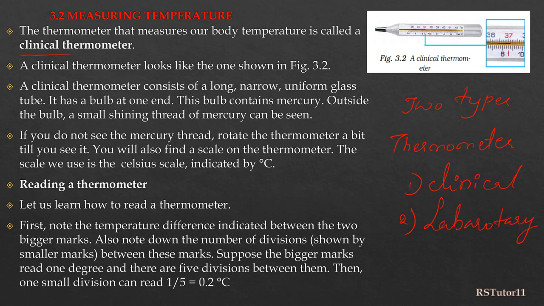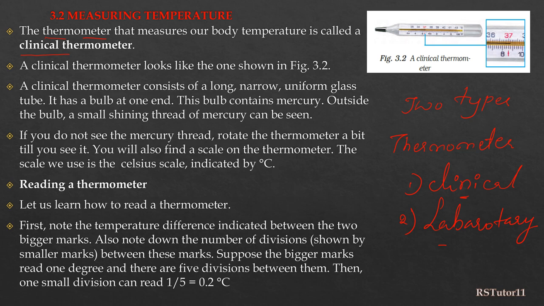A clinical thermometer is used to measure the body temperature of a human body only, and a laboratory thermometer is used to measure the temperature of objects. Therma means heat, meter means measuring. The thermometer that measures our body temperature is called a clinical thermometer.